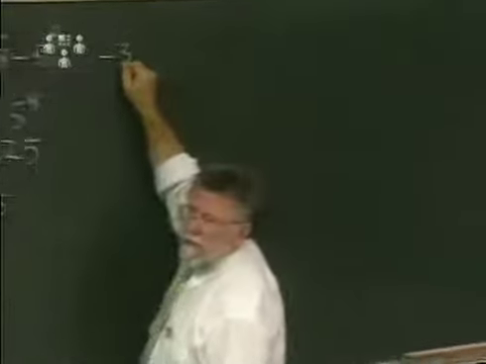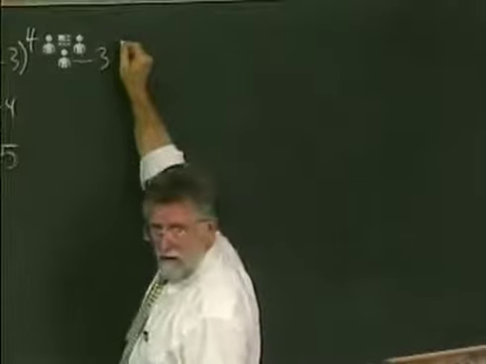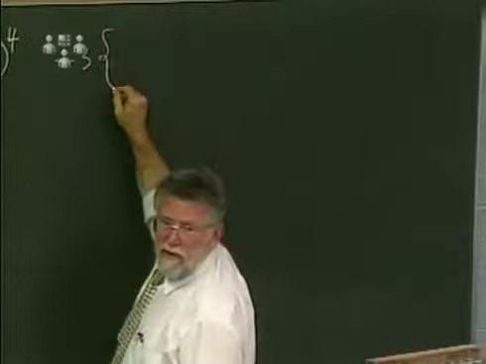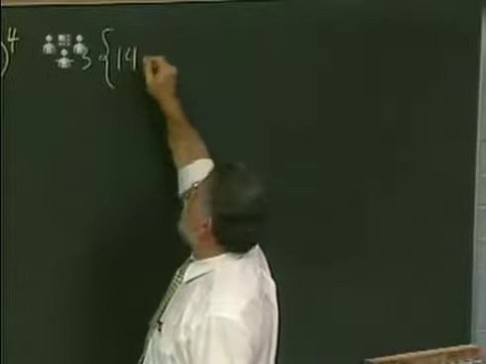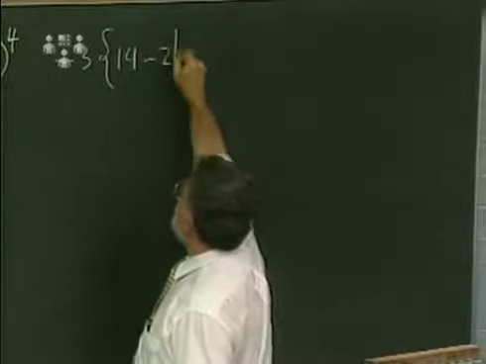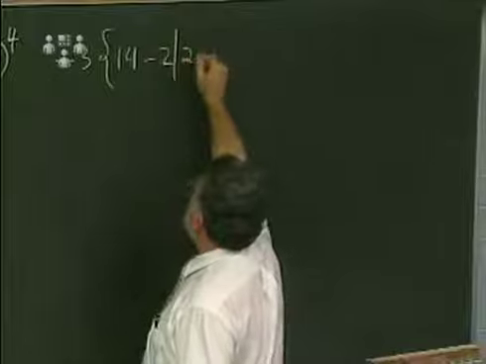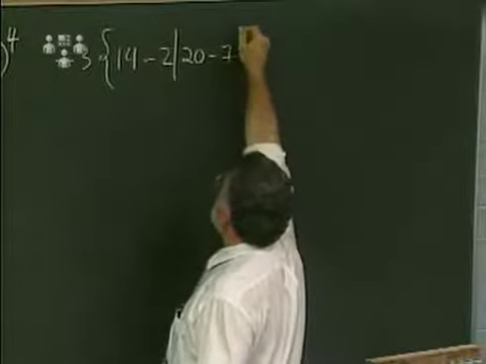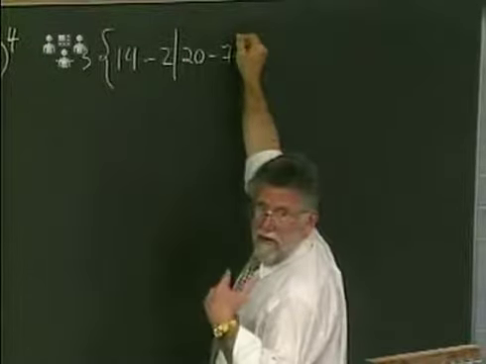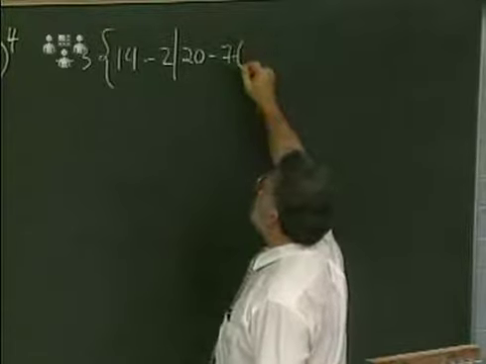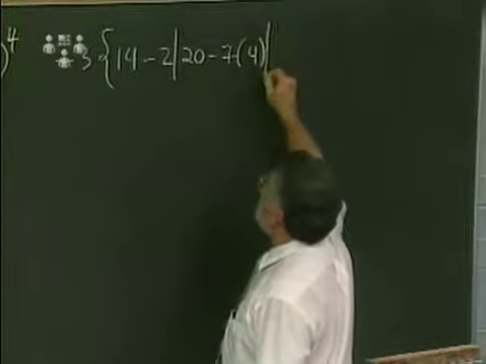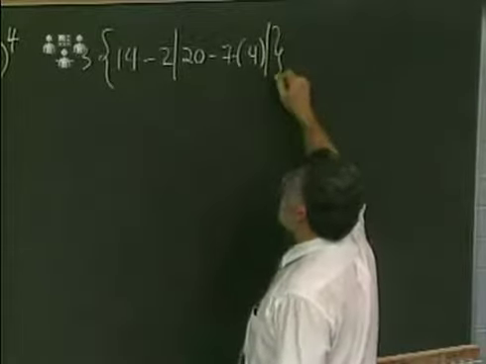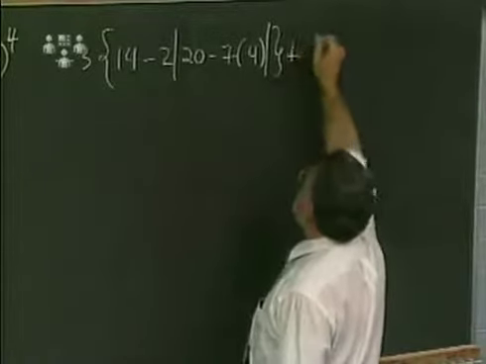-3. Braces. Okay, braces. 14. -2. Absolute value line. 20, -7. Parentheses. Still parentheses. Open parentheses. 4. Close parentheses. Absolute value line. Close braces. Plus. Bracket.